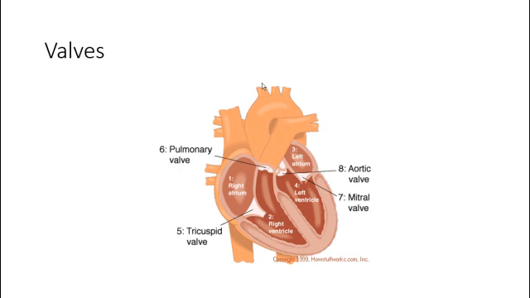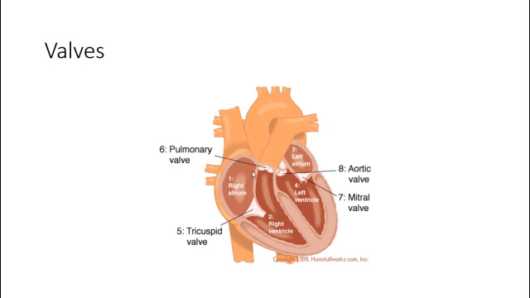Particularly when those ventricles contract, we don't want backflow into the previous structure. So when the ventricles contract, to prevent backflow from the blood in the right ventricle to the right atrium, we have the tricuspid valve. So tricuspid, 3 cusps or 3 flaps.